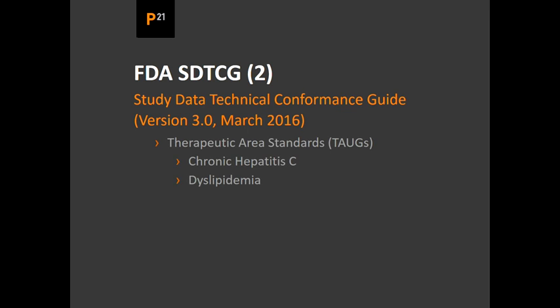It also mentions therapeutic area standards, or therapeutic area user guides, TAUGs as we're going to call them. There are some 30 to 40 TAUGs in process right now. There are, I believe, 18 represented on the CDISC website. These are being developed through CFAST, the Coalition for Accelerating Standards and Therapies.